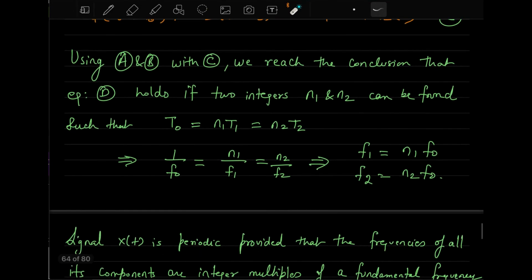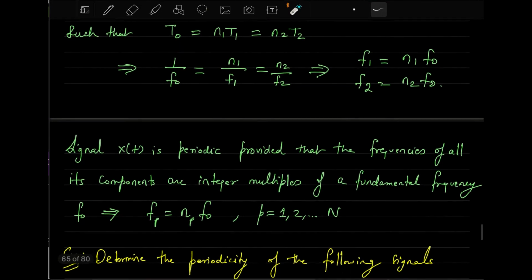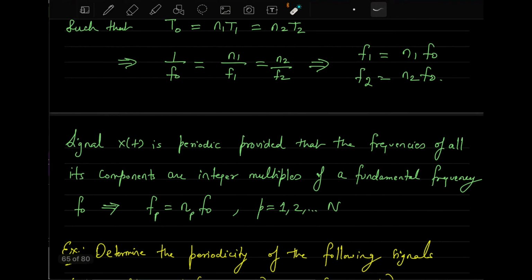So now, from here we can conclude that the combined signal xt is periodic provided all the frequencies of all its components are integer multiples of the fundamental frequency which we have already derived for two signals.